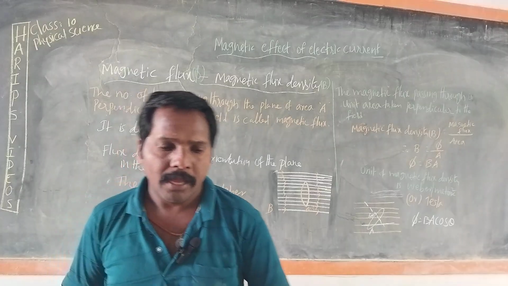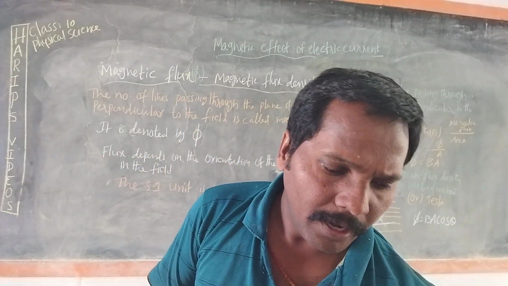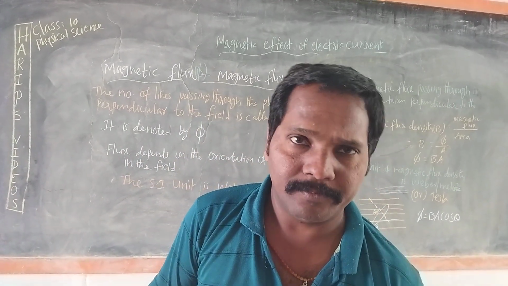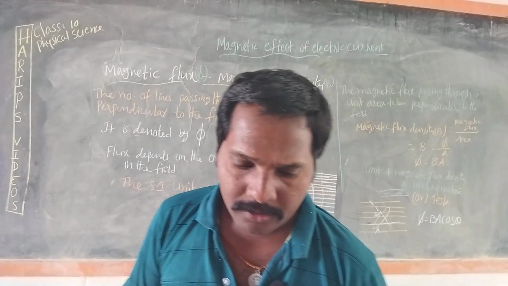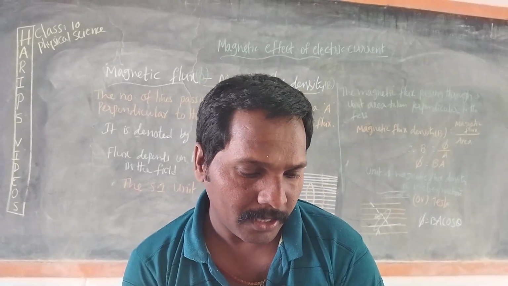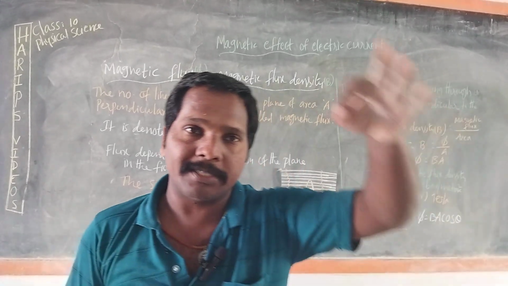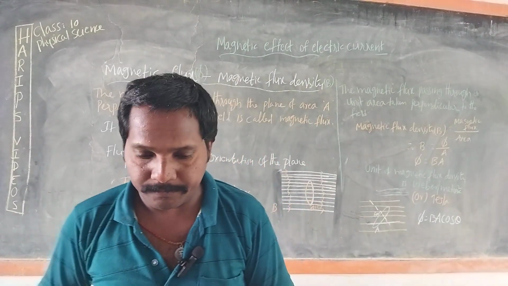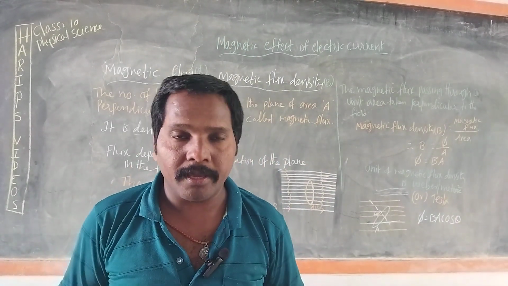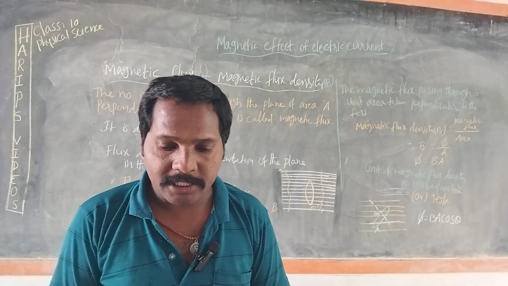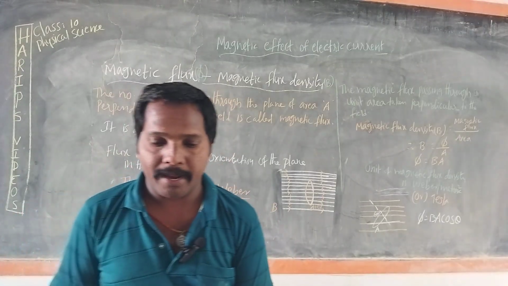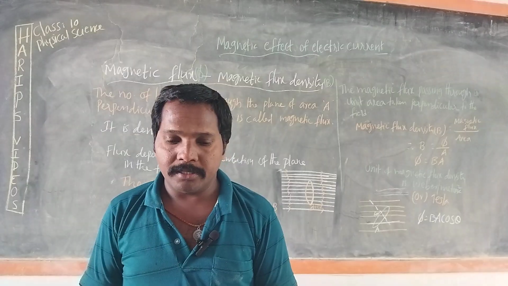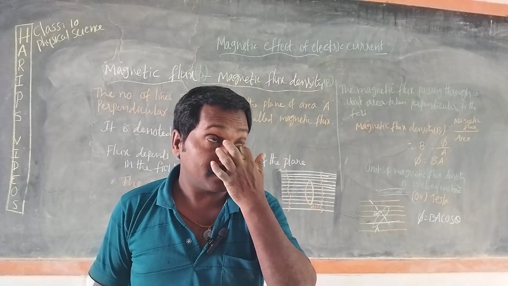Magnetic field of Earth. As we know very well, Earth is a big magnet. So when we suspend any object, it always shows the north and south direction. The Earth itself behaves as a magnet. Its magnetic field resembles that of an imaginary bar magnet.